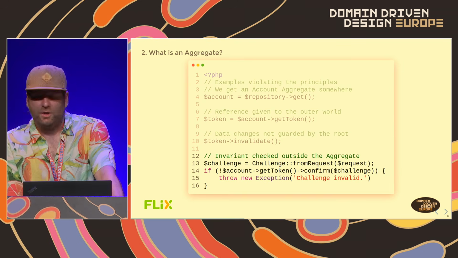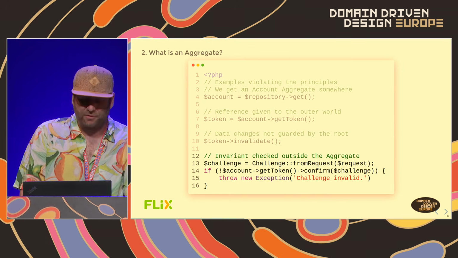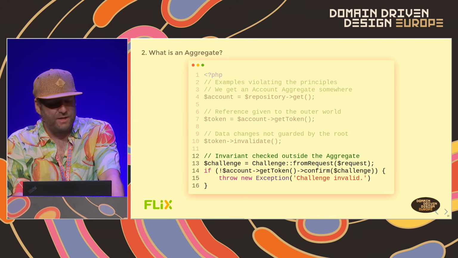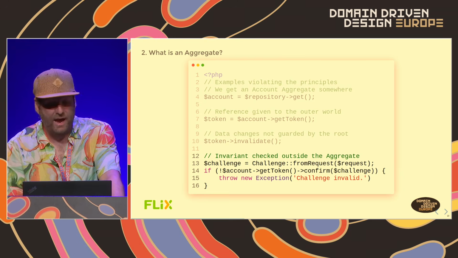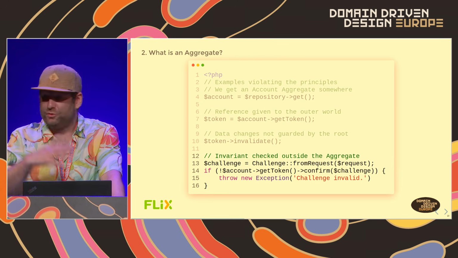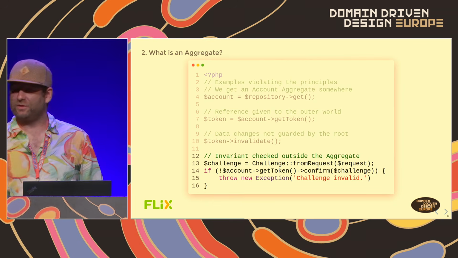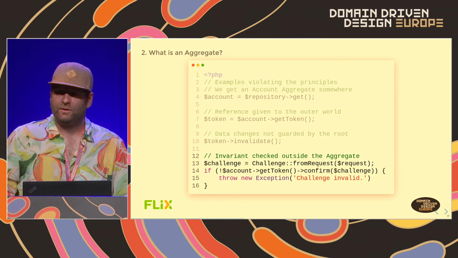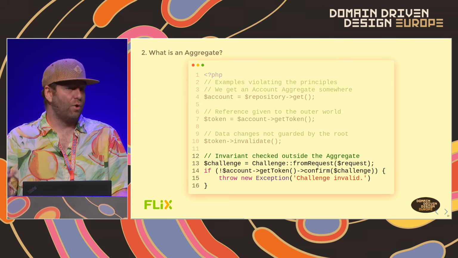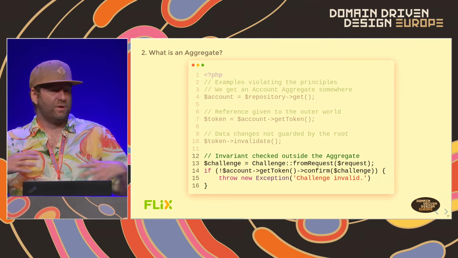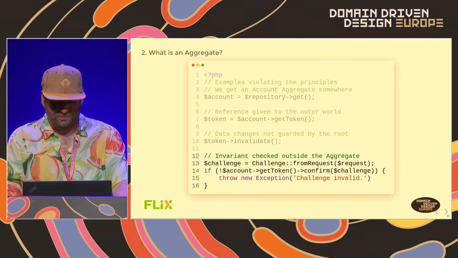Or, for example, an invariant checked outside of the aggregate, right? There might be a challenge from a request that you create, and you want to confirm the account, and you do this not inside the aggregate, but somewhere in the service layer, right? It's often what we call leaking logic, when logic is leaking from a lower layer to some upper layers.